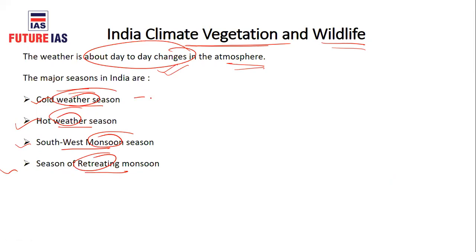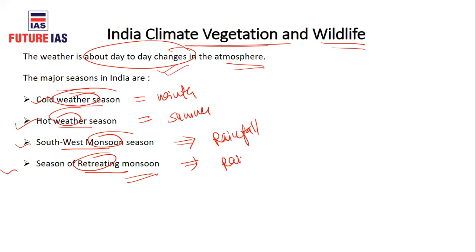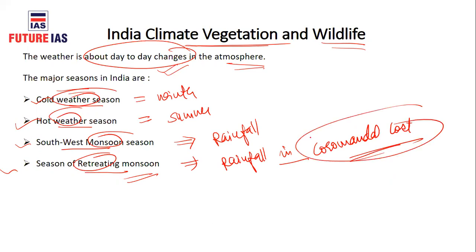In the cold season you will have winter, in the hot weather season you will have summer. In the southwest monsoon you will have rainfall. In the retreating monsoon you won't have rainfall, only the Coromandel coast and certain regions of southern Andhra receive rainfall. In the southwest monsoon region you will have rainfall except the Coromandel coast.